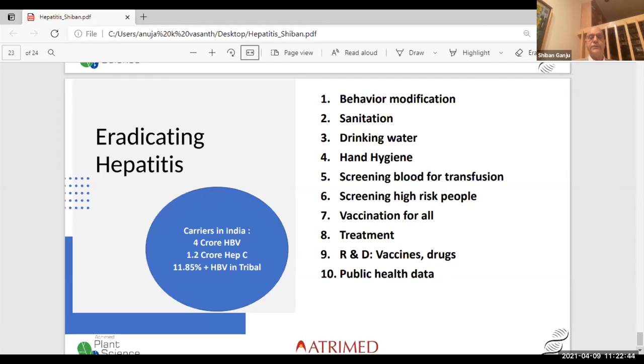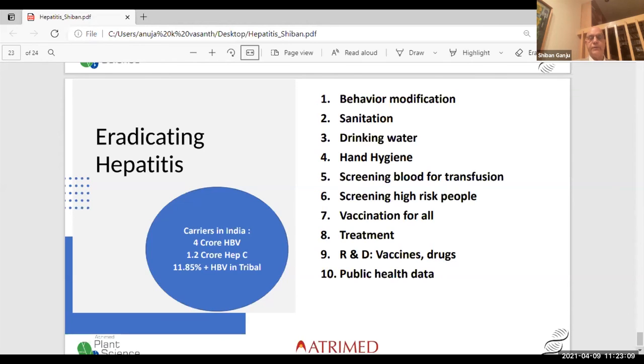They should be routinely screened even if there's no suspicion, because hepatitis C is asymptomatic most of the time. And we should vaccinate everyone at birth or close to birth, and we will not only prevent hepatitis, we'll also eradicate hepatocellular carcinoma. And people who are treatable and curable should be treated.